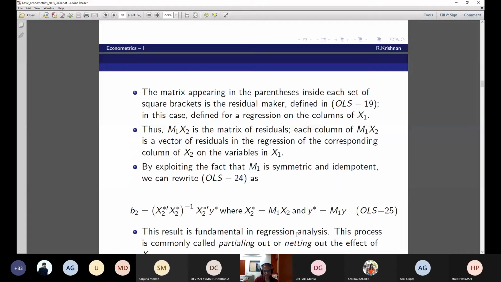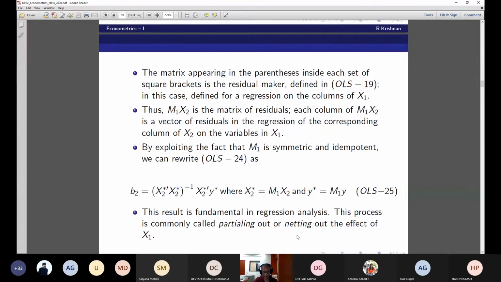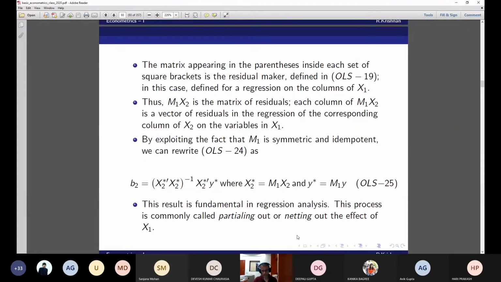By exploiting the fact that M1 is symmetric and idempotent, we can simply write it in a form known to us: X2 star transpose X2 star inverse X2 star transpose y star. So this is a fundamental result in regression analysis. This is what is called partialing out or netting out the effect of X1.